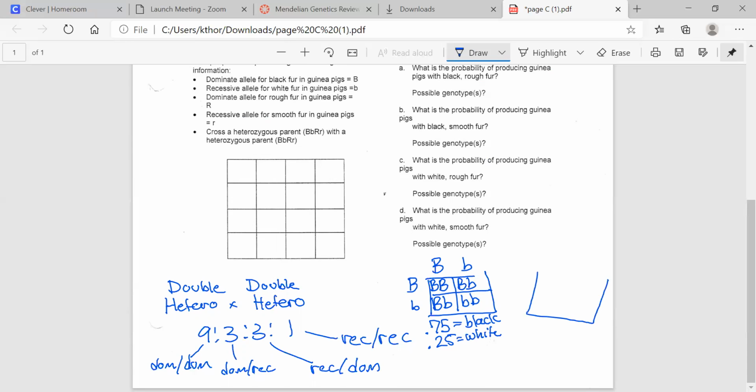Then if you do the other trait, rough and smooth fur, heterozygous, heterozygous, you're going to get the same results. That would be 0.75 rough and 0.25 smooth. Okay.